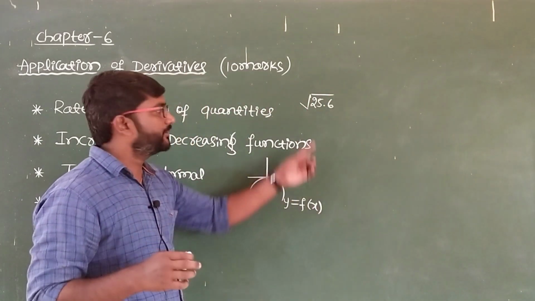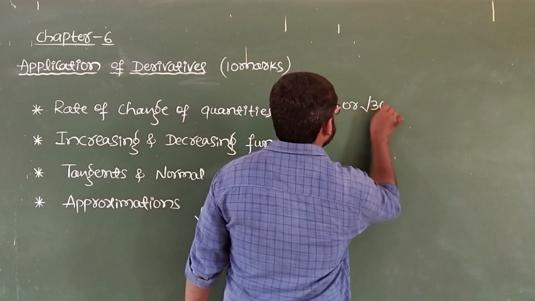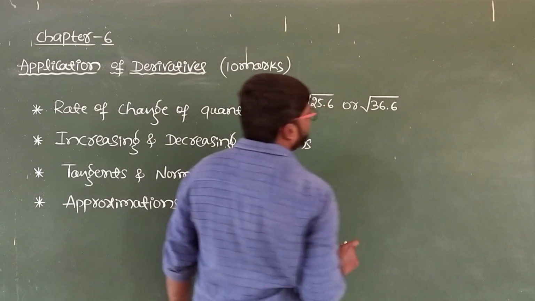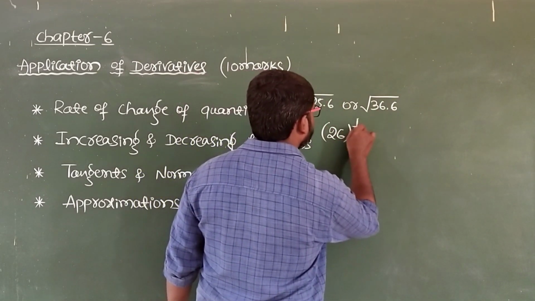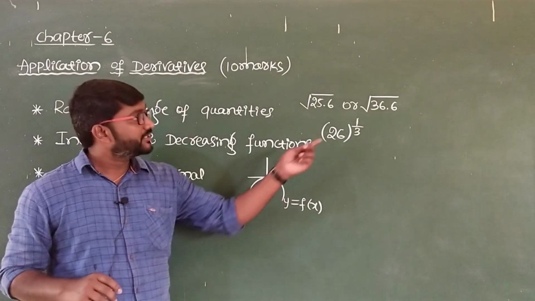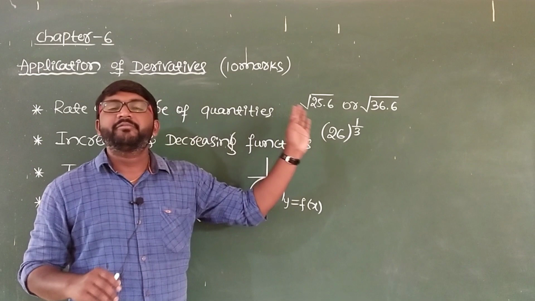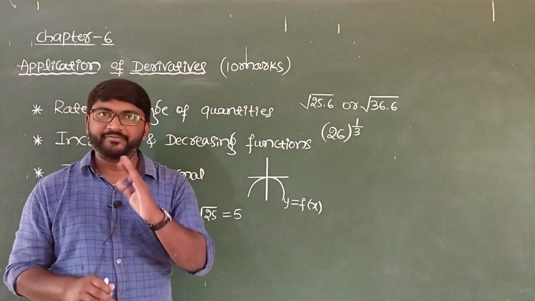How do you find the value of this? Or square root of 36.6, or 26 to the power 1 by 3, that means the cube root of 26. In order to get the value of these quantities, we make use of the concept of differentiation.